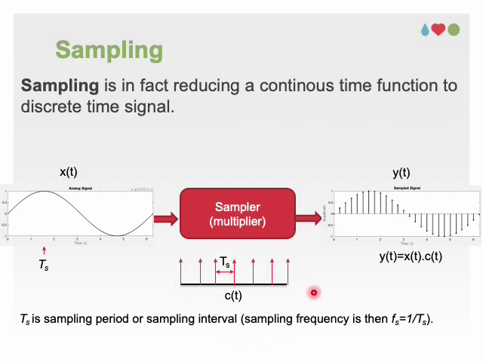By multiplying x(t) and c(t) pointwise, we get the sampled waveform, as shown here. Each vertical line is called an impulse. Note that the height of each impulse equals the instantaneous value of x(t) at the same time.